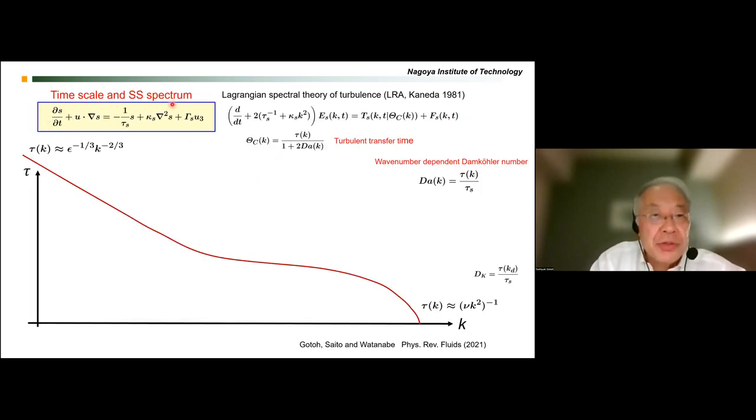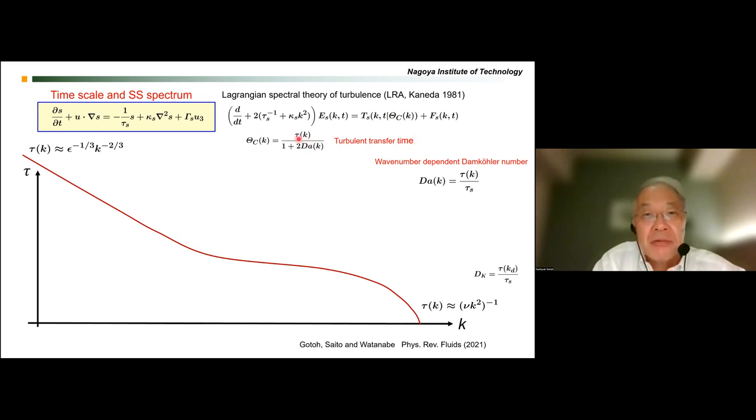Now, our equation is here. And we can construct the equation of the spectra of supersaturation in this way. The point is that a transfer function, the Ts, comes from this term, okay? And this transfer term contains some turbulent transfer time scale.